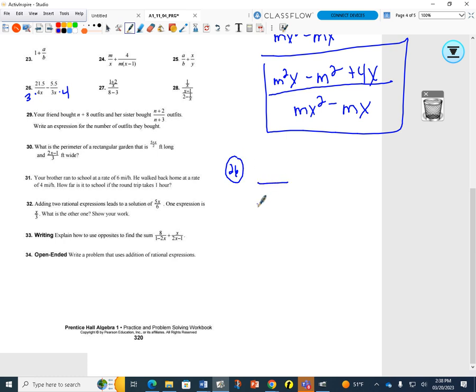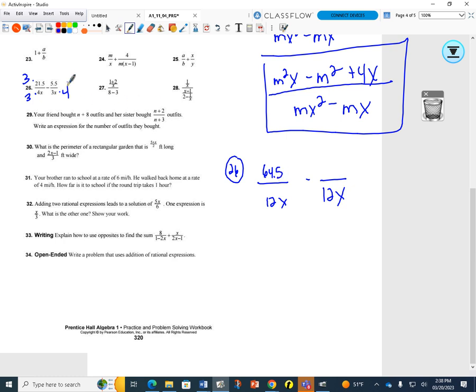I'll have 12x minus something over 12x. I had to multiply this by 3, so I'm going to multiply this by 3. 21.5 times 3 equals 64.5 here.